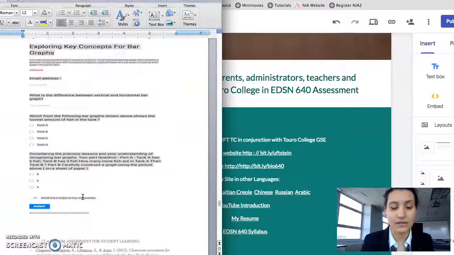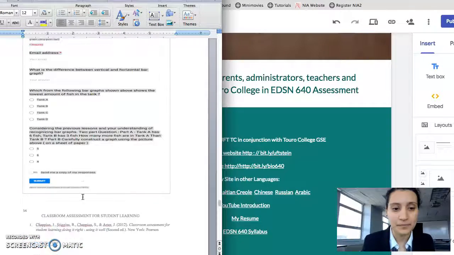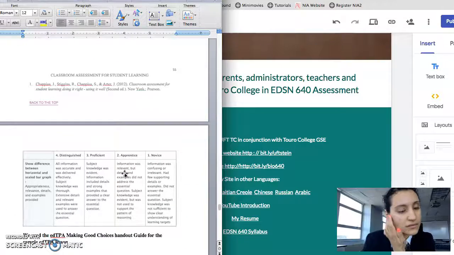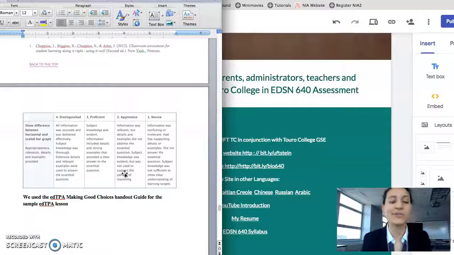Okay, I wanted to show you my assessment form. I've attached it here, and the rubric. This rubric shows if our students were able to clearly understand our learning targets.